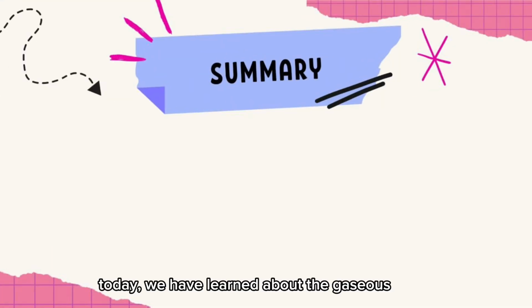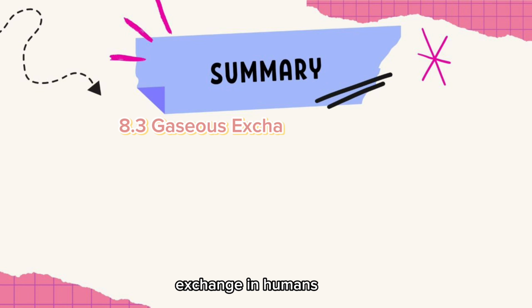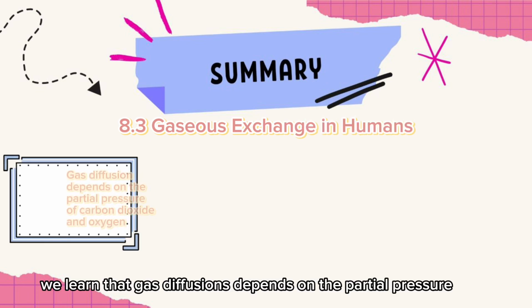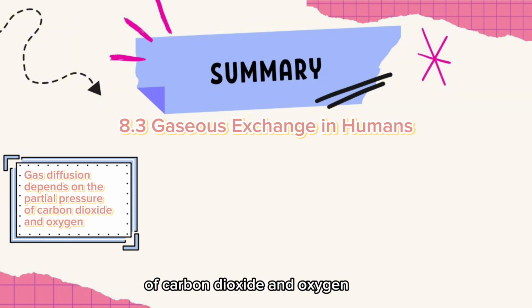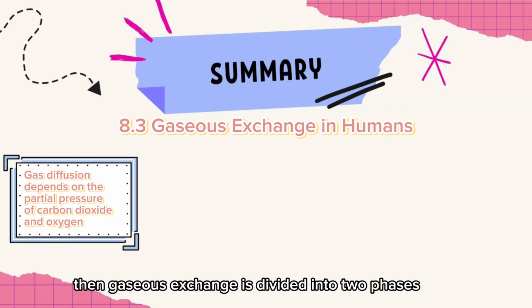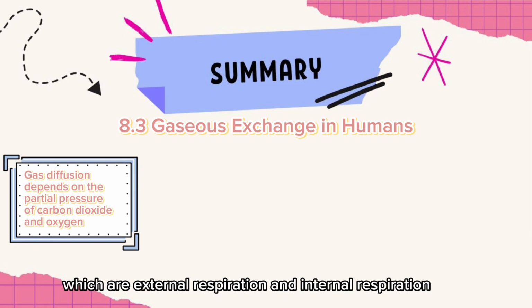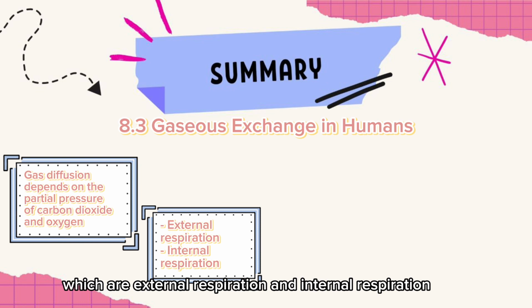Sure, teacher. Today, we have learned about gas exchange in humans. First thing first, we learned that gas diffusion depends on the partial pressure of carbon dioxide and oxygen. Then, gas exchange is divided into two phases, which are external respiration and internal respiration.